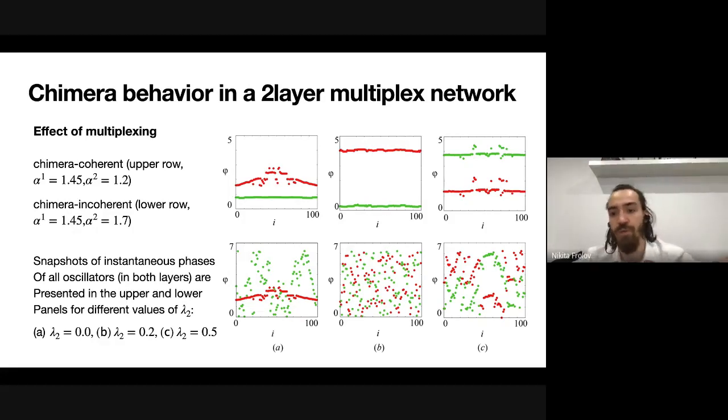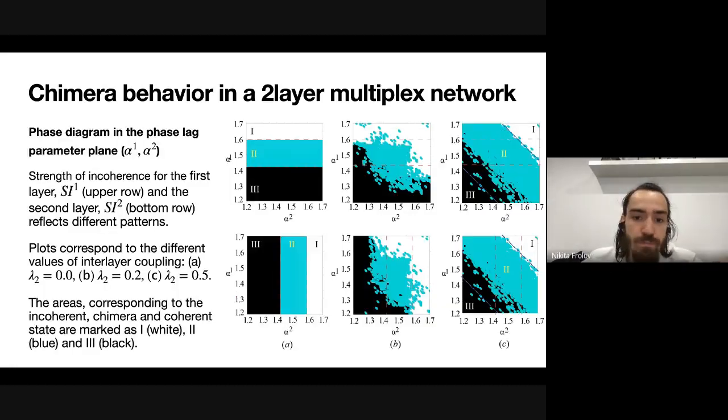What happens if we increase the interlayer coupling strength? This means that these layers will undergo the transition to synchrony, which finally gives rise to the multi-layer chimera, which means that both layers represent the synchronous chimera pattern.